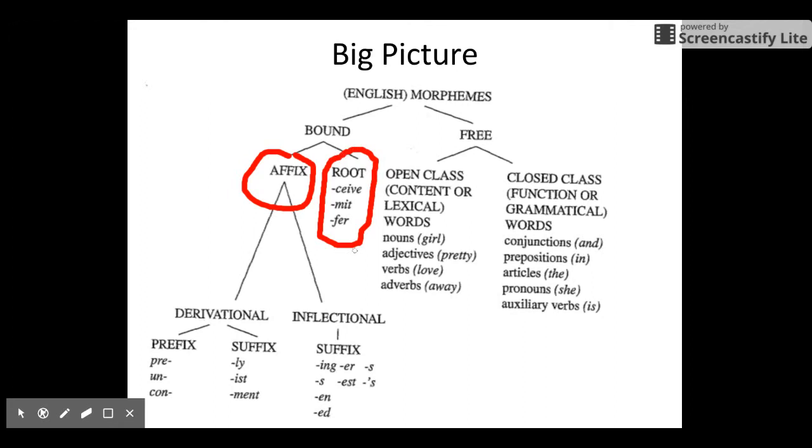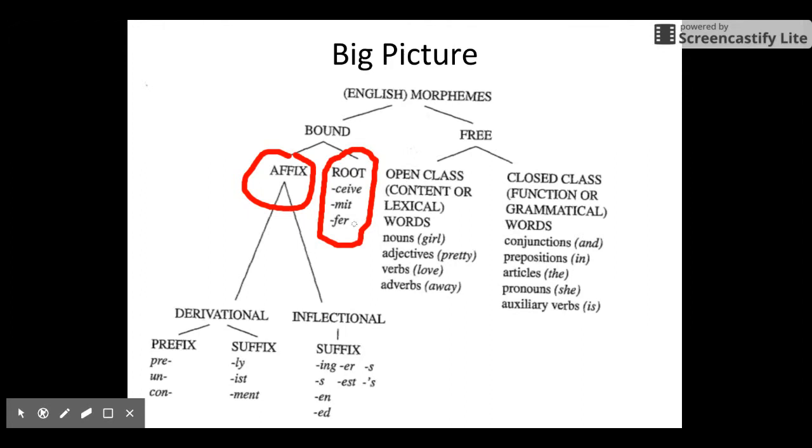Actually, the status of bound root is very interesting. Like in perceive, receive. I think the status of bound root is still controversial. Whether bound roots are morphemes is an issue, I think.